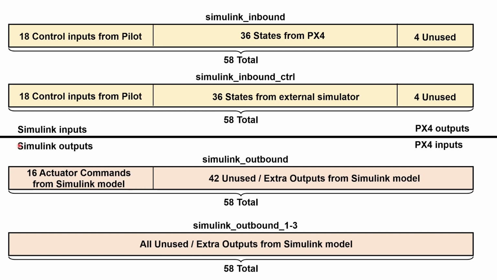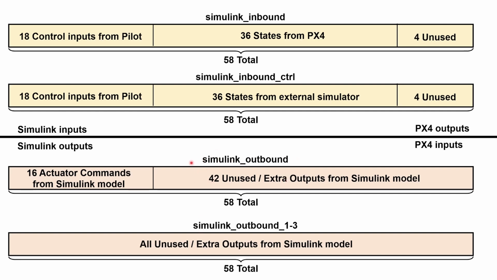All right, so when we are writing our outputs from the Simulink model, we use the Simulink outbound topics. And the structure, if you don't care as much about getting all of the possible data from your control system, all of the intermediate states, or whatever the calculation that you're doing, you probably only need this first.